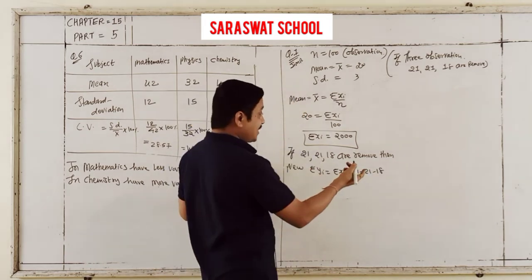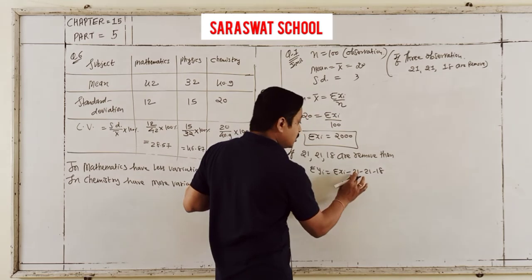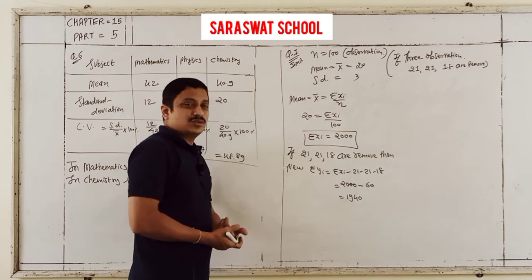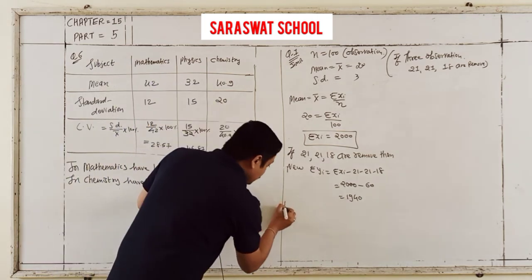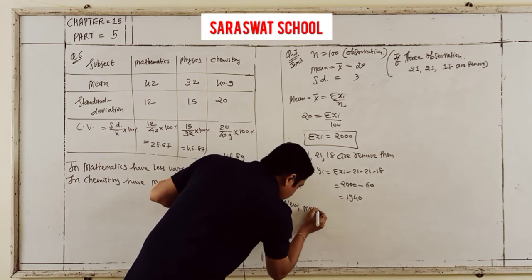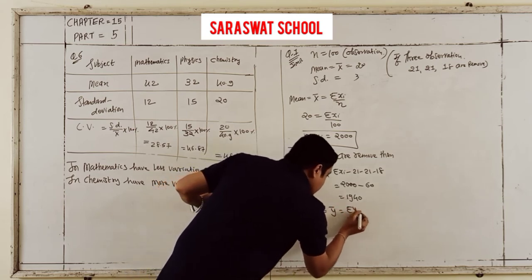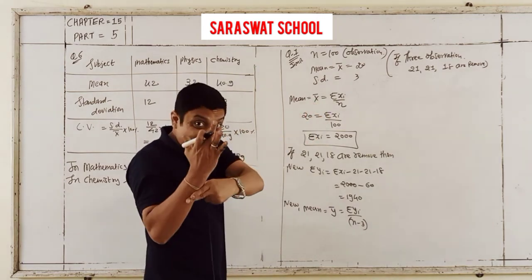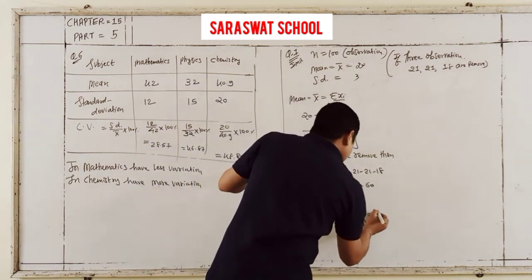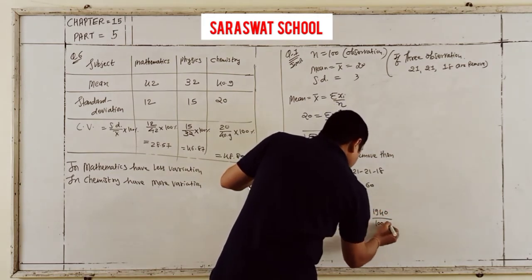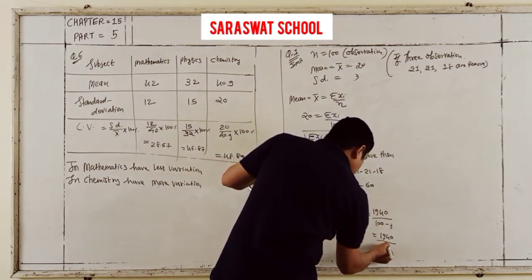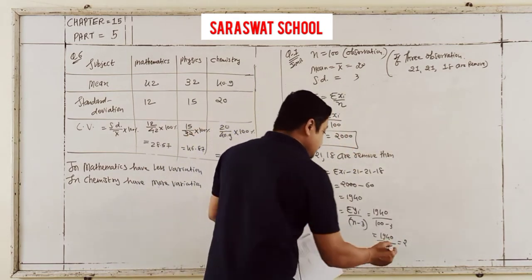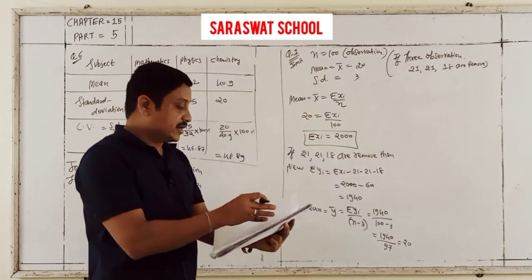Very easy. Sigma xi you know is 2000, and 21 plus 18 is 60? So 2000 minus 60, 1940. So new mean is sigma yi by n minus 3, because the 3 observations are removed from n 100. So 1940 divided by 100 minus 3, 1940 divided by 97, which is 20. Yes, your value is 20. The mean is correct.